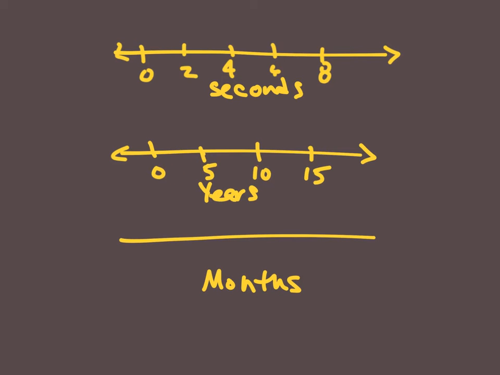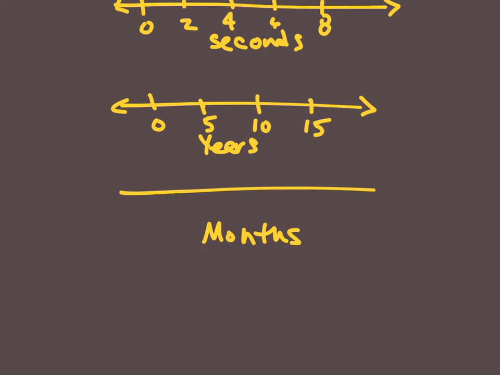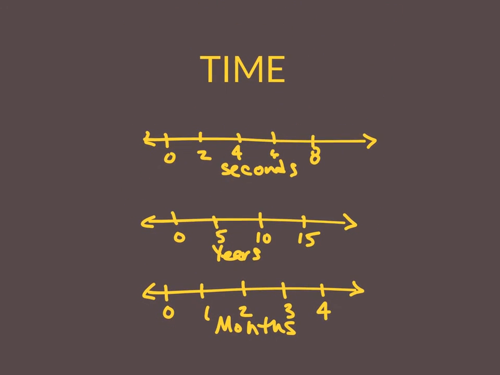All right, so we can go up by 5s. And if we're talking about years, that's what we choose, okay? If we talk about months, I would start at 0, and maybe I would go up to say 1 month, 2 months, 3 months, 4 months. All right, and I can go that standard route as well.